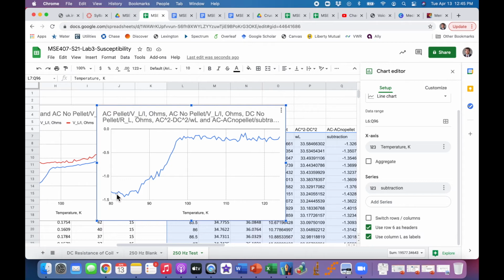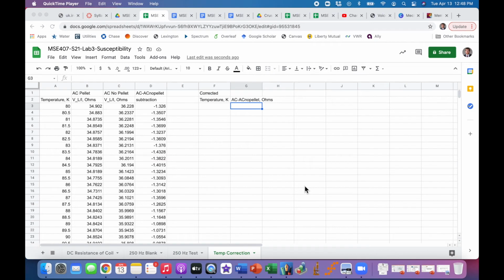All right. One other point before we get to looking at the critical temperature and the width and the height of that transition region, and that has to do with the temperature itself. You'll notice that the lowest temperature we record is 80 degrees K. This is not, in fact, the lowest temperature that we measure.